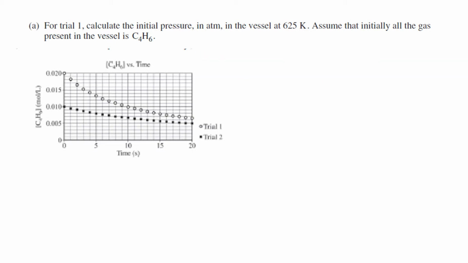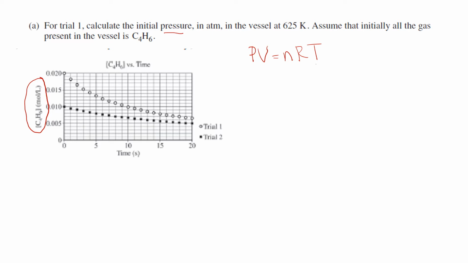So let's start with part A. In part A, they want you to calculate the initial pressure. I pulled out this particular graph because on the y-axis it does have concentration. They're asking for initial pressure, so I am going to use my gas law. So that's the formula that I'm going to use to solve this.